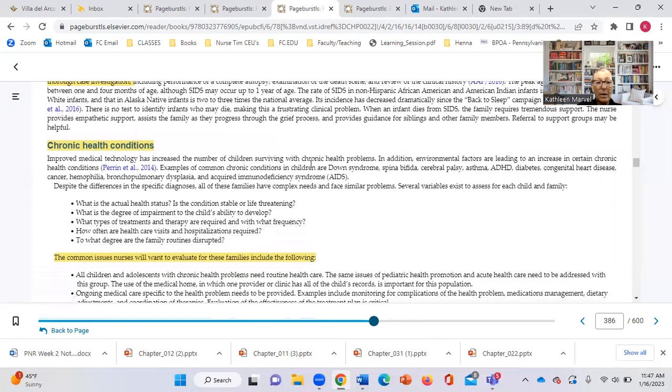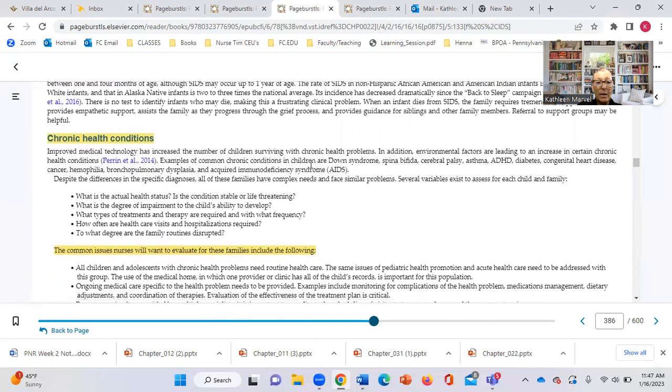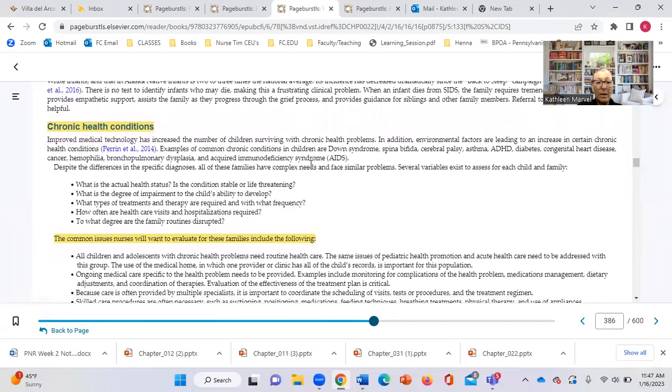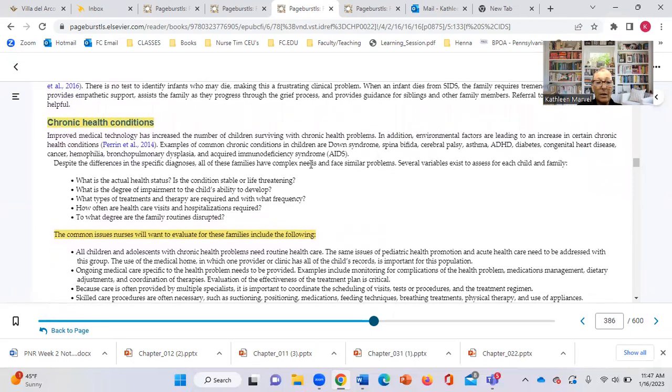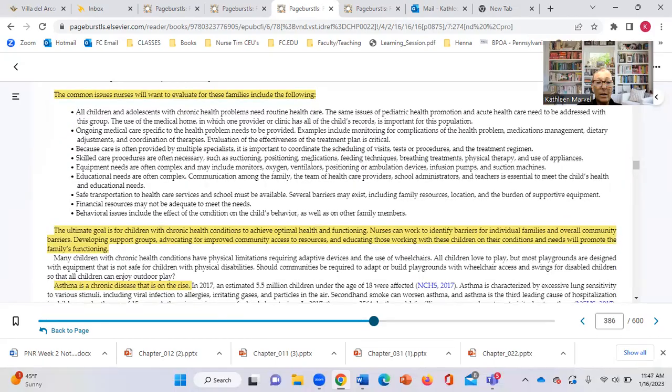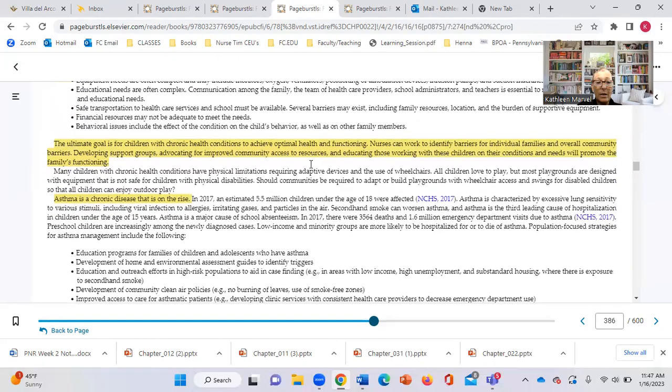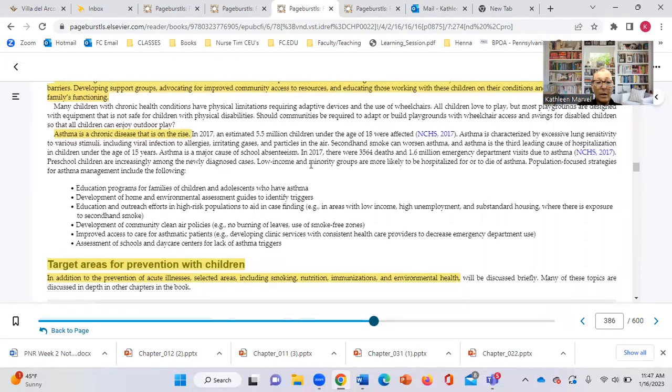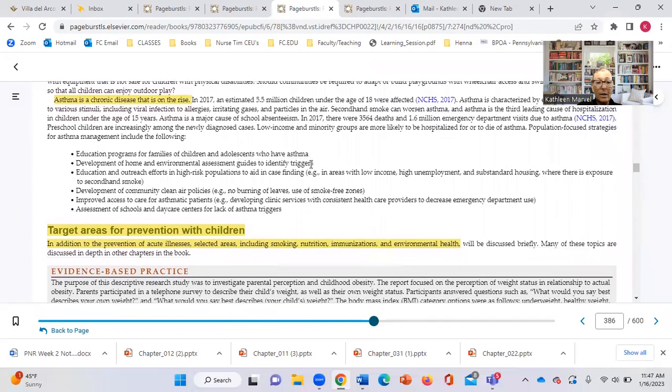Chronic health conditions are a big part of our assessment in the community. Okay, and these are chronic health conditions with kids. Chronic conditions such as asthma are on the rise in kids.